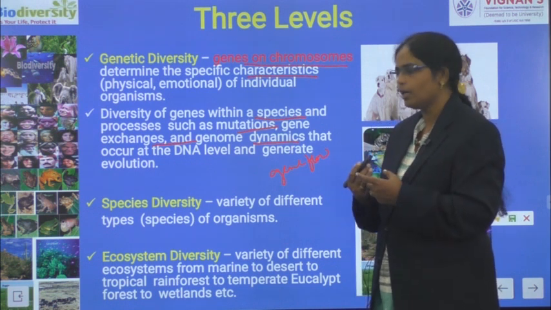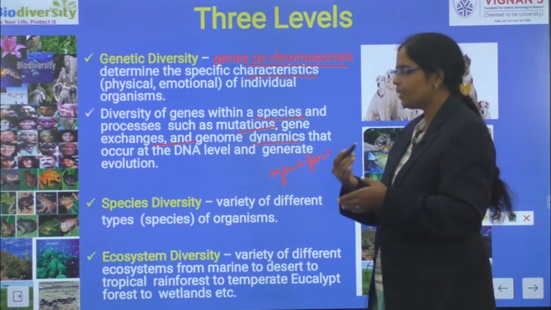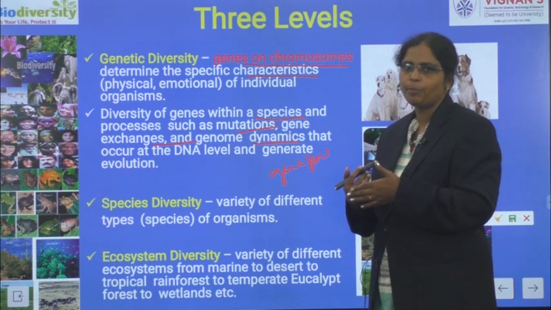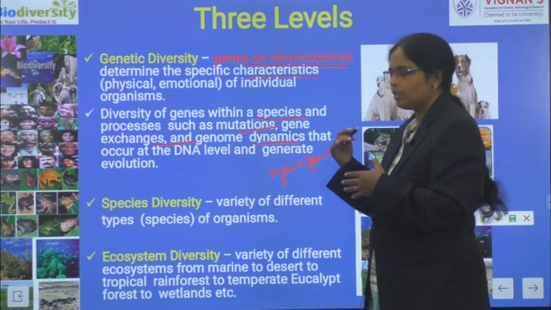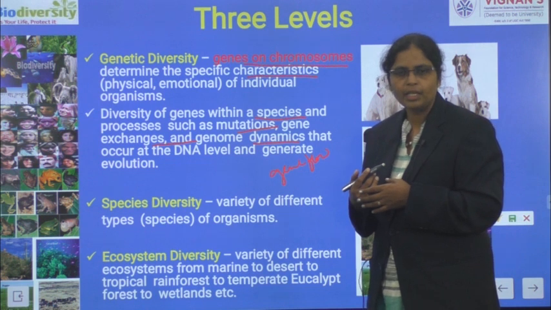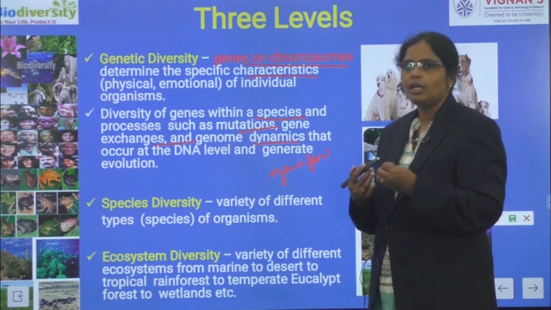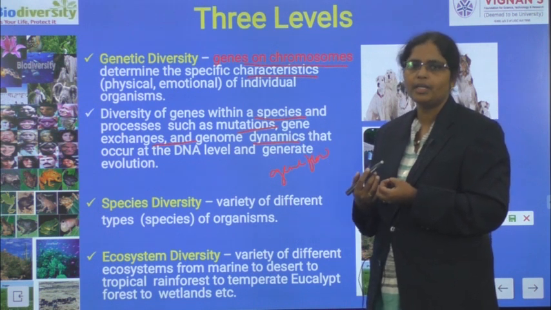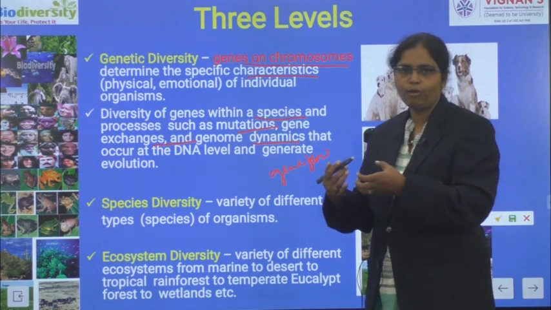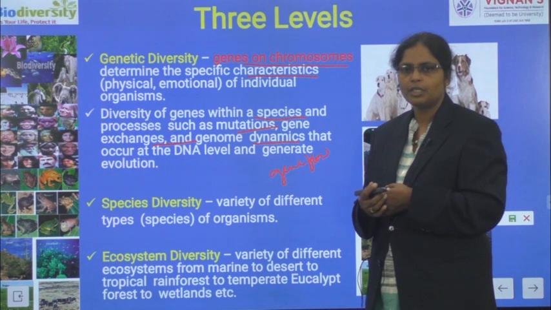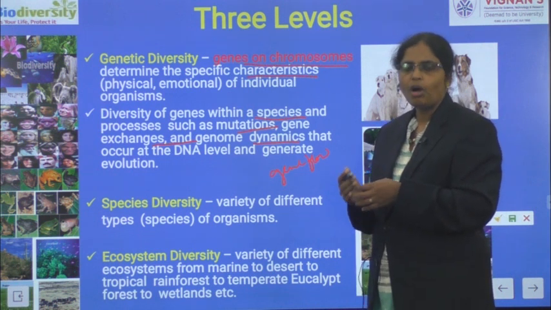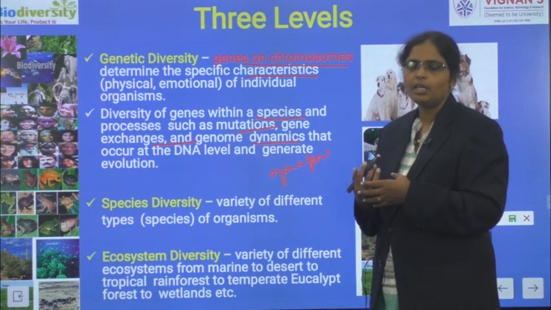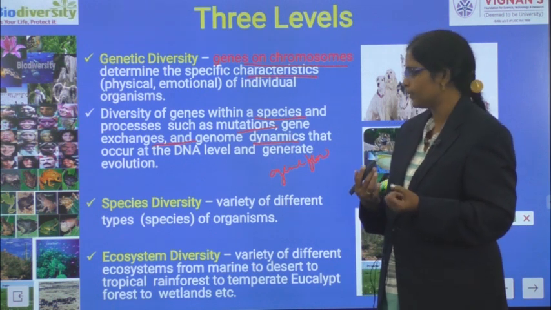So, in this ecosystem, whatever species there are, in the evolutionary process they exchange their genetic material. Because of this, some mutations will happen because of the ecosystem environment, and because of gene flow from one species to another species and gene exchange, all together results in the variety of species.